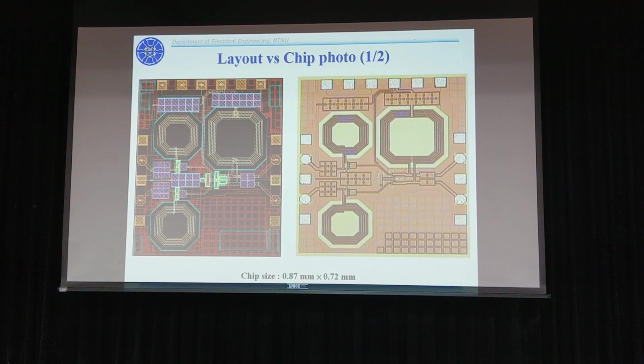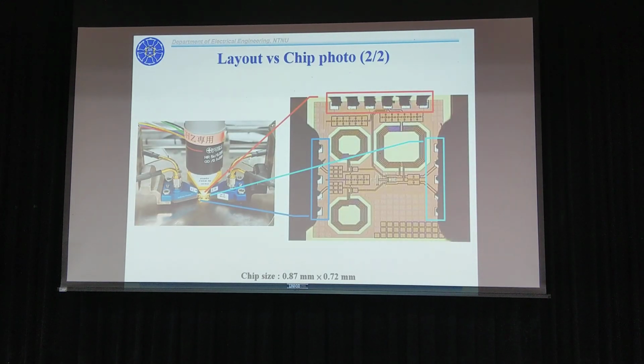The layout size of the chip is 0.87 millimeters by 0.72 millimeters. This is a photo of the chip during measurement, with the black areas indicating the input, output, and bias ports.